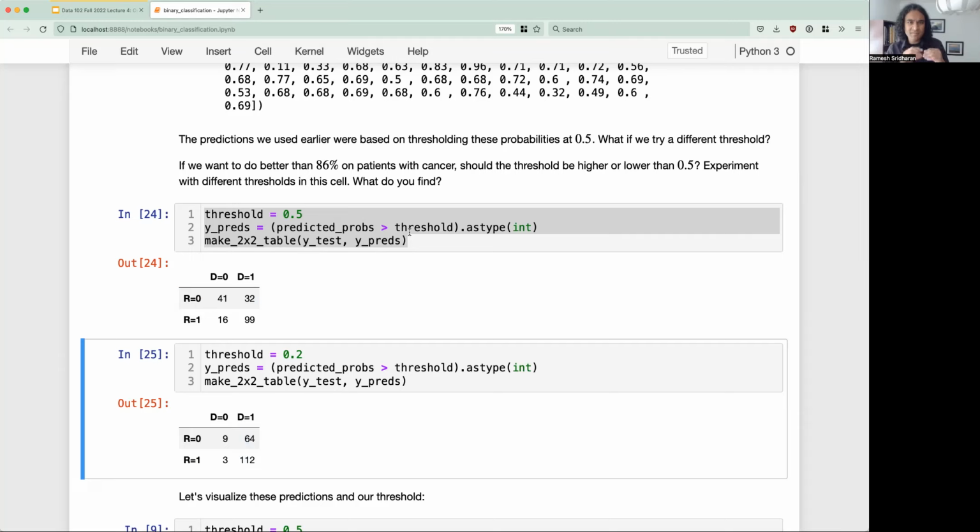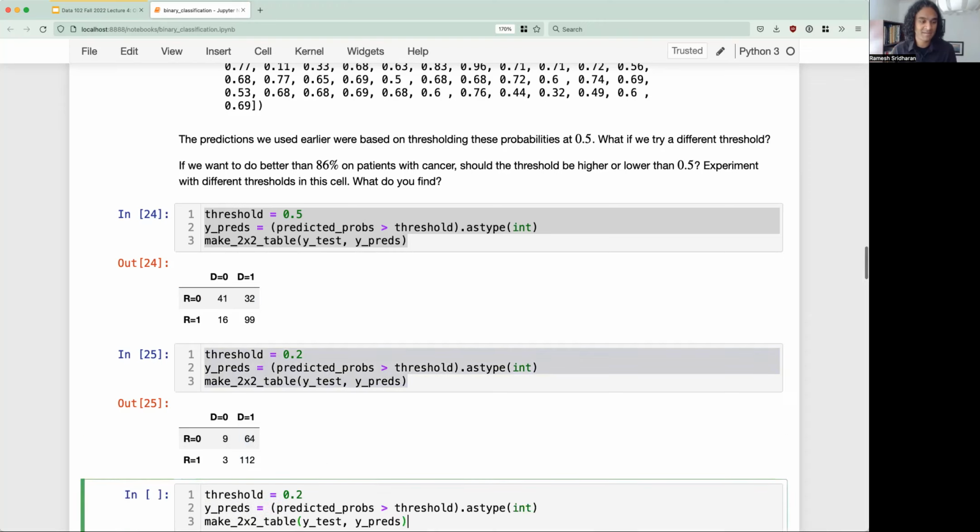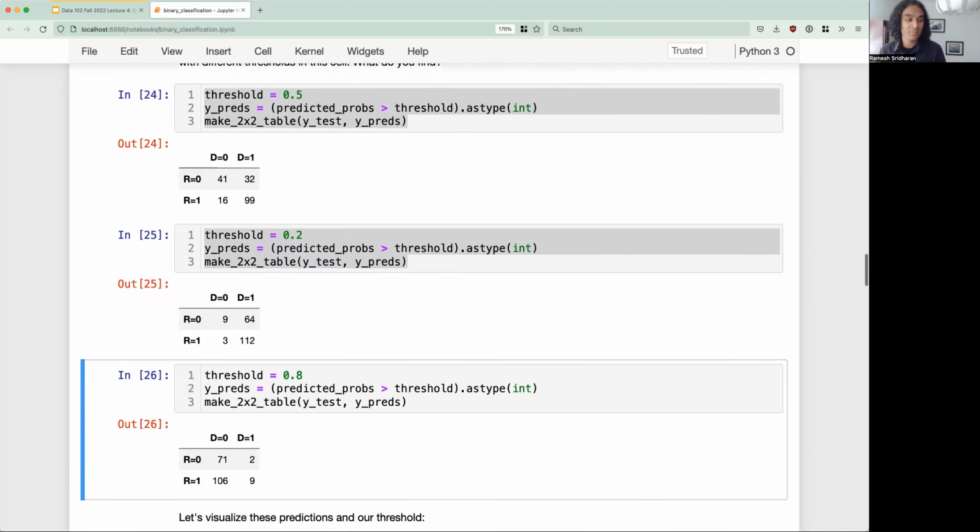Even if the probability is really low, anybody with even a low probability is going to get a decision of 1.